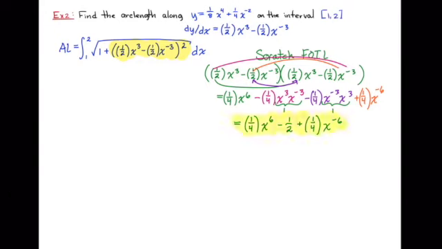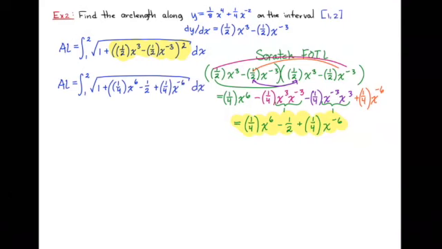All right, so we can sub that into our arc length formula: the integral of the square root of 1 plus 1/4 x to the 6th minus 1/2 plus 1/4 x to the -6, dx.